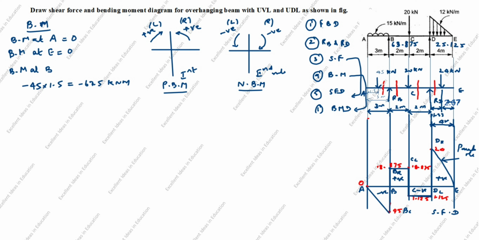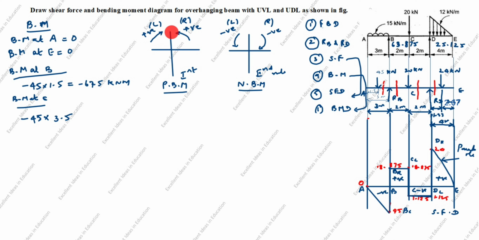Next, bending moment at C. C is here. From here to here we will calculate. You see this force, arrow comes down from here to here, you see anti-clockwise. So anti-clockwise is negative for left side, negative 45 into, what is the perpendicular distance from here to here? From here to here is 1.5, here is 2, so 3.5. Next, you see this arrow from here to here. The arrow goes clockwise.